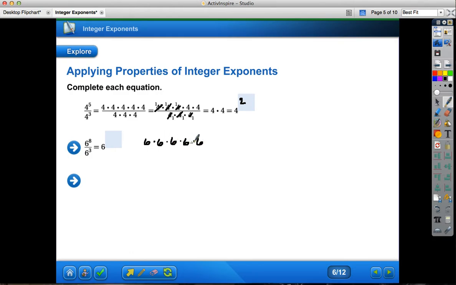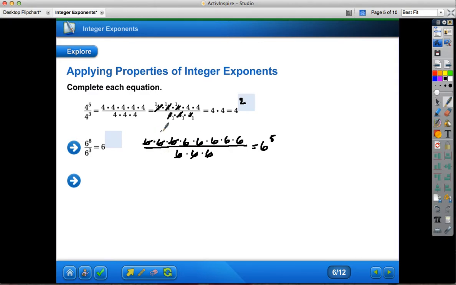That's 1, 2, 3, 4, 5, 6, 7, 8. 1, 2, 3. Cancel each other out. So here I'm still left with 1, 2, 3, 4, 5. So now here I have 6 to the 5th power.